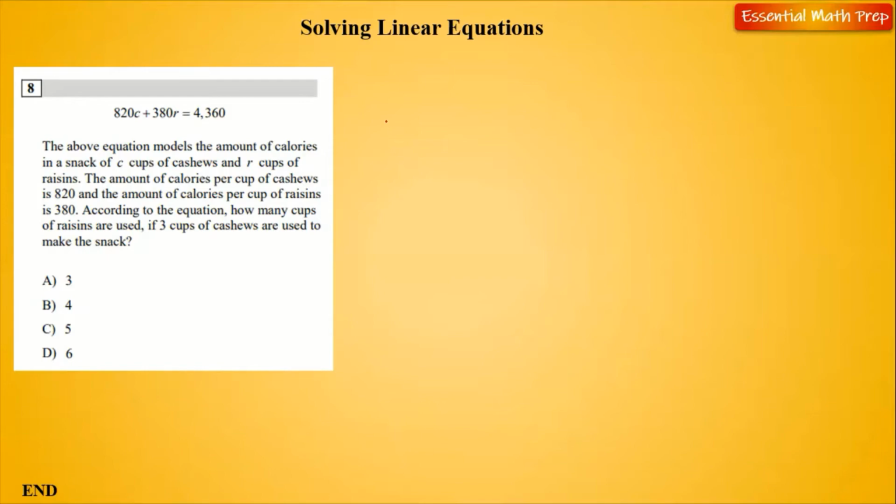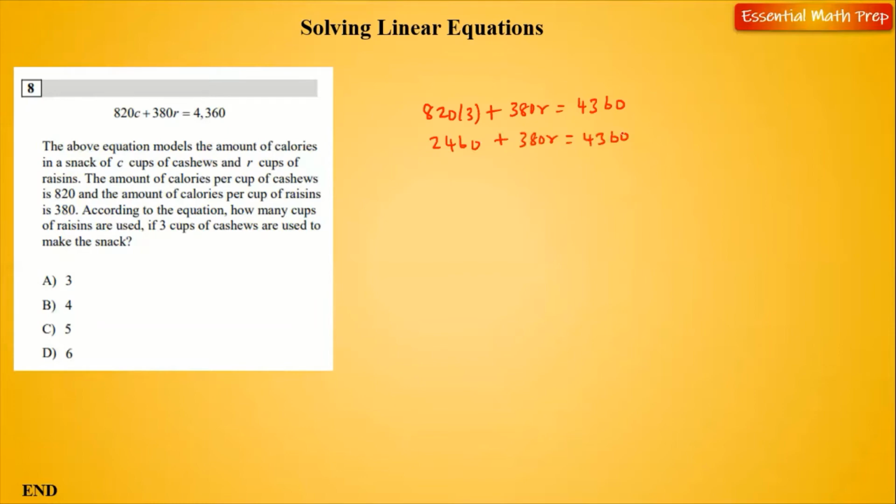All you have to do is substitute the value of cups given for cashews into the expression containing C. So it's 820 times 3 plus 380R equals 4,360. So 820 times 3 is 2,460, plus 380R equals 4,360.